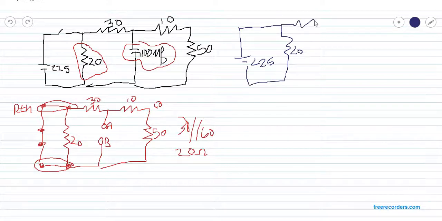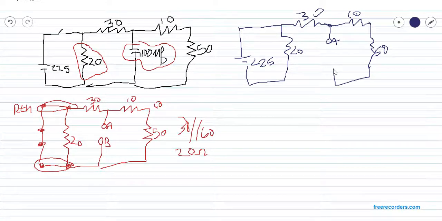Then we have a 30. Essentially we have A. That's where the capacitor was. 10, 50, there's B, and then back to there.